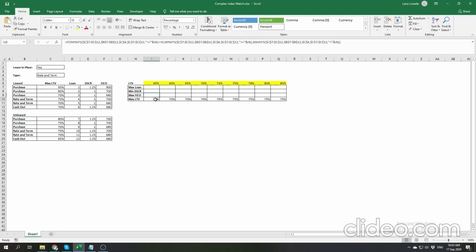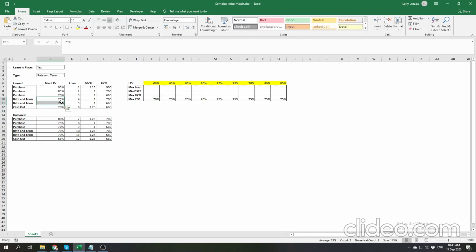So we'll be taking 70. It's correct. Rate in term we just have 75 and 70%. So anything that is less than 75% is 70. Yeah, everything that is less than or equal to 70% is 70, and above 70%, 75%. That's why these values are correct.